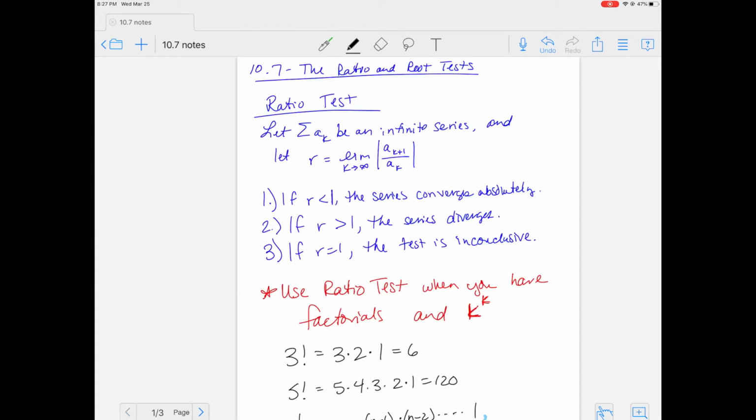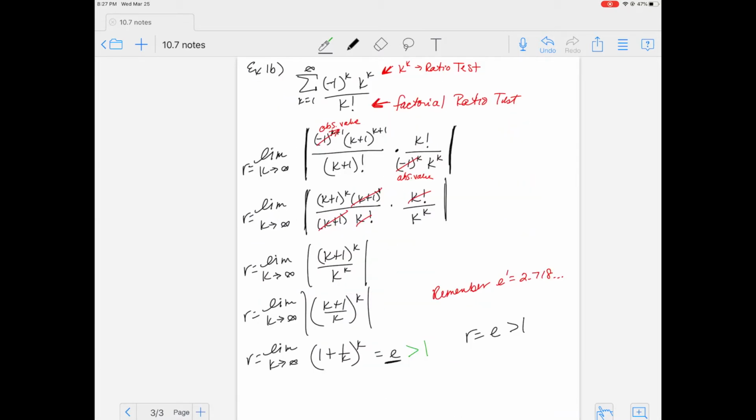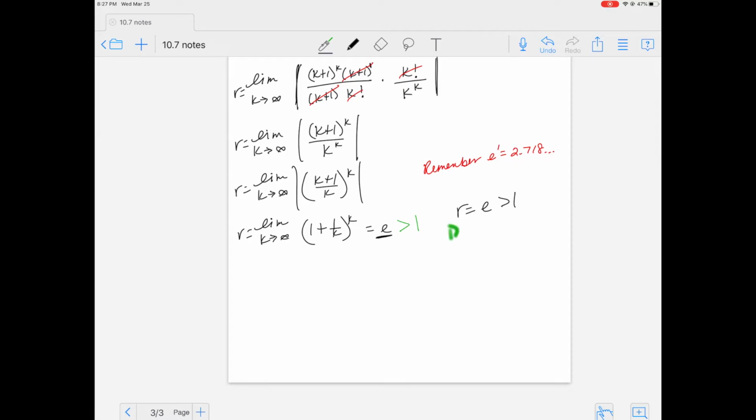What's it say? If R is greater than 1, then my series diverges. Therefore, the series diverges by that ratio test.